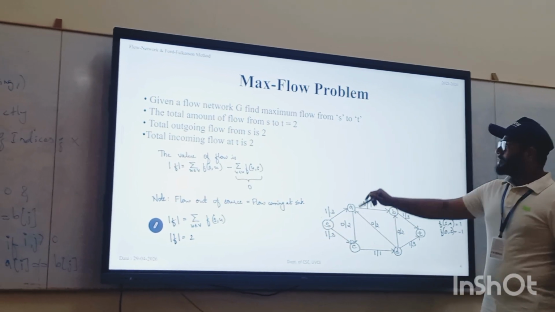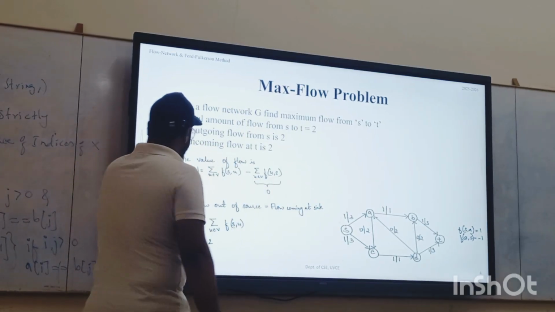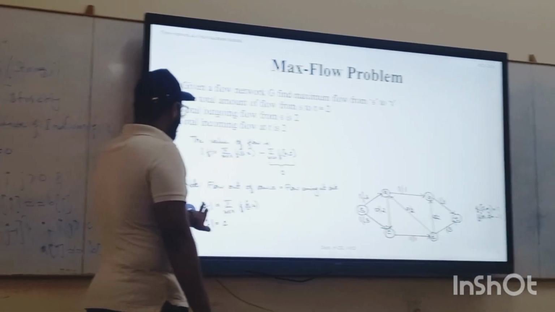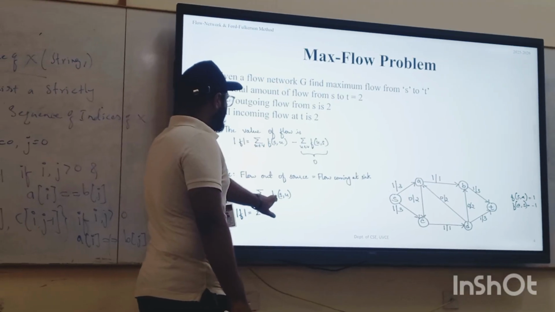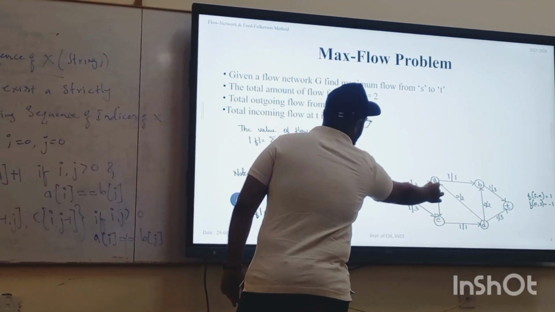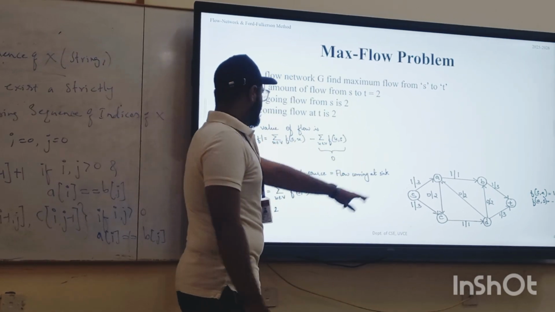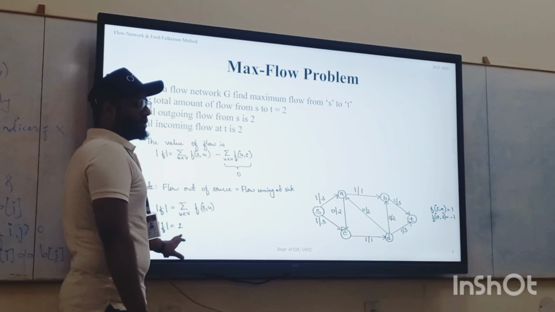Here you see, the flow value is the summation over U in V of f of S comma U, from here till here and from here till there, so we get the value 2.